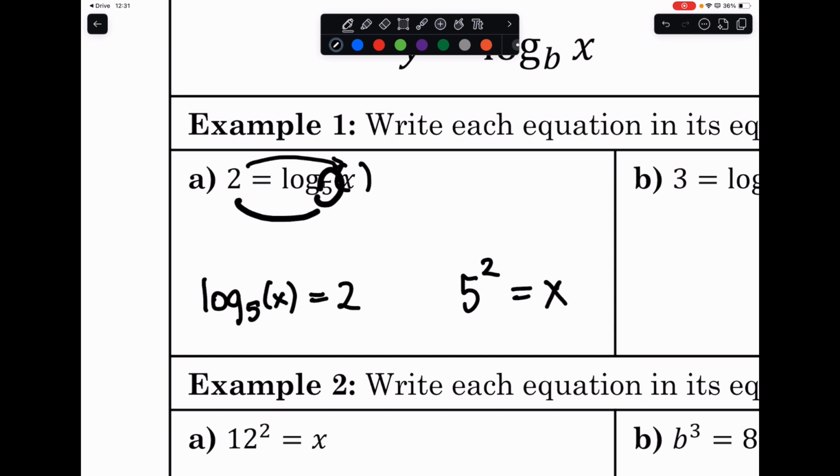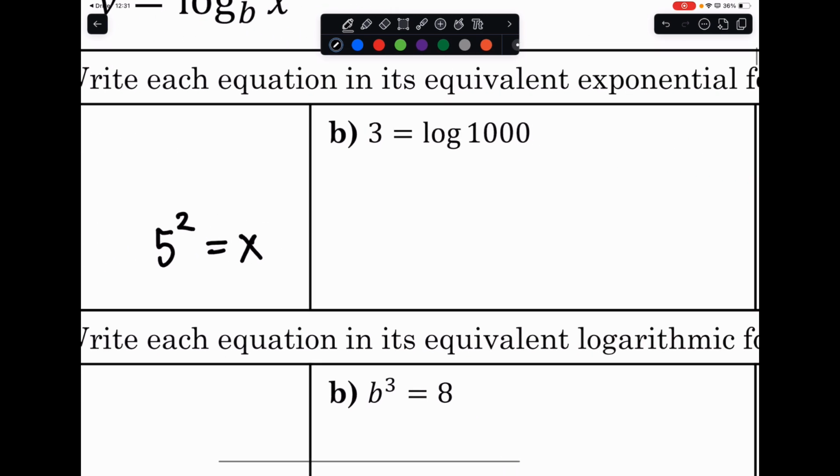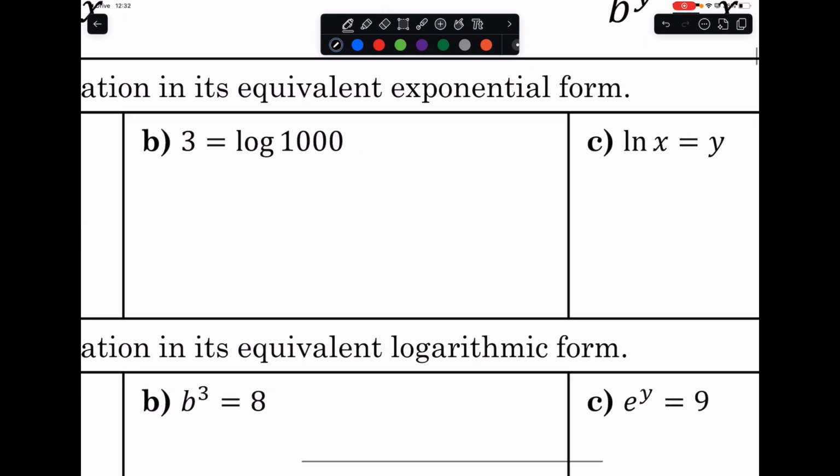So let's look at the next example. Let's look at 1b. Here we have the common log. The common log means that the base on this one is 10. So the common log, log base 10 of 1,000, equals the answer of 3.